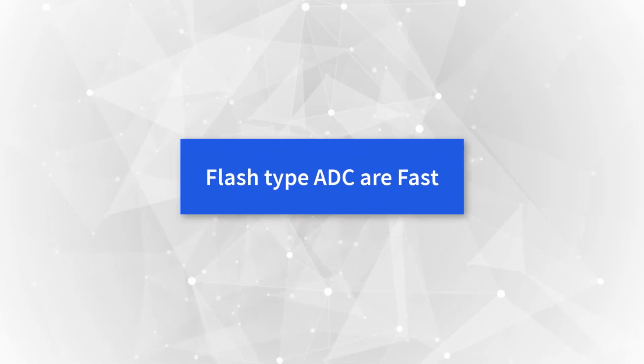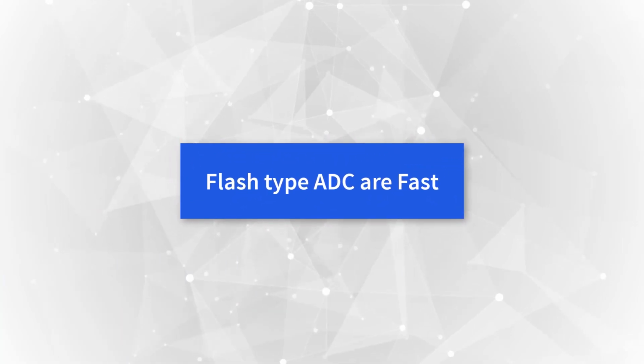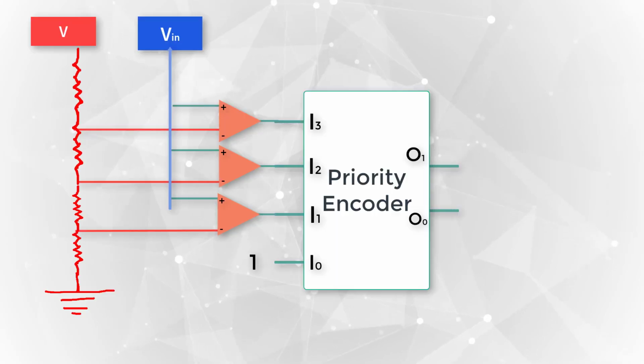In the previous videos, you may have often caught me saying flash type analog to digital converters are the fastest. Let's see how, as we see its working. So, as I said, all the resistors in series are equal.